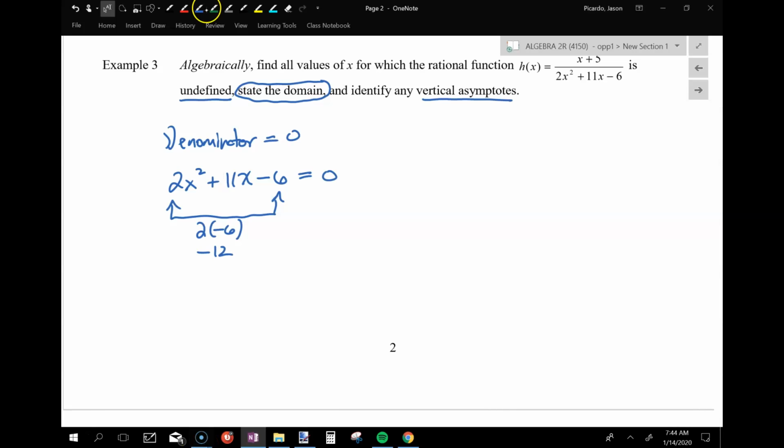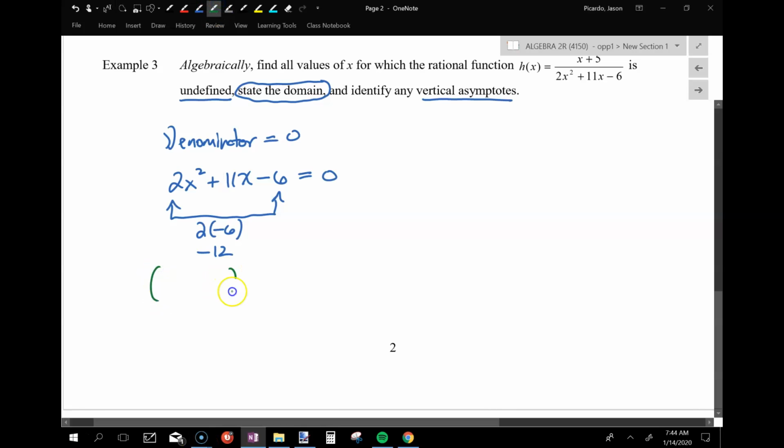So what do we do with those numbers? Well, there's my plus 12. There's my negative 1. My question for you is what goes in front? The 2x, right? Whatever this is. And then using the AC method, I have one final step, and that's to take out a 2, right?